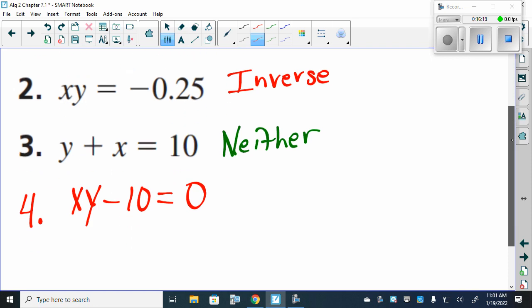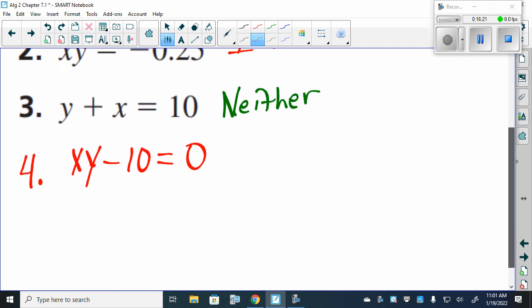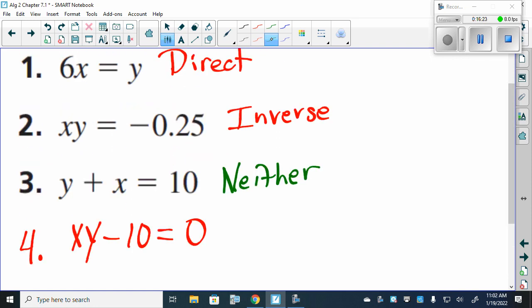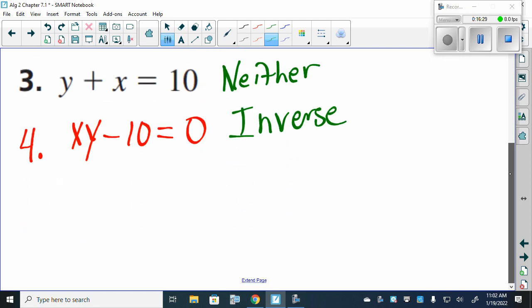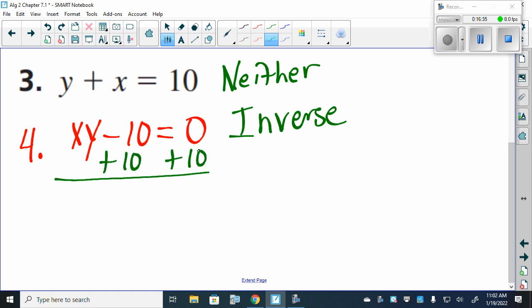How about number 4? It would be inverse, yes. Because if we wanted to, what we could do is actually add 10 to both sides, getting the variables by themselves, x times y is equal to 10.